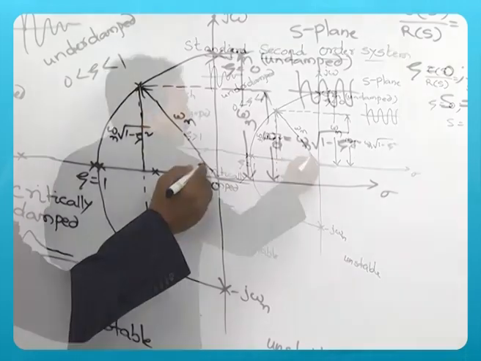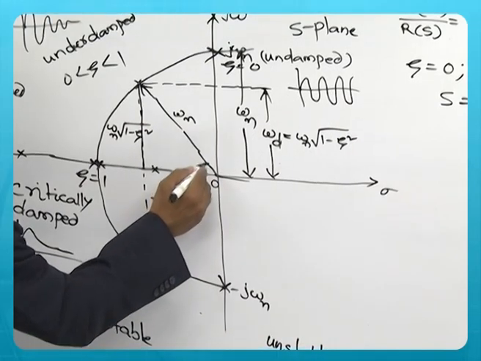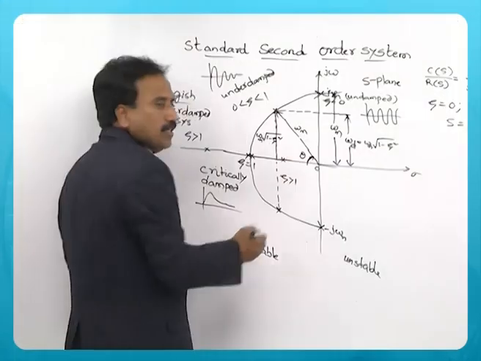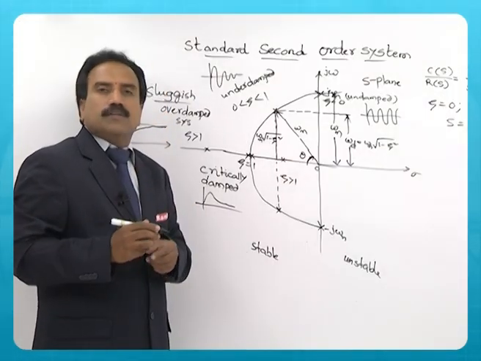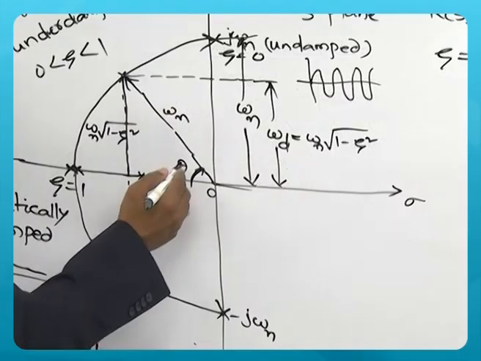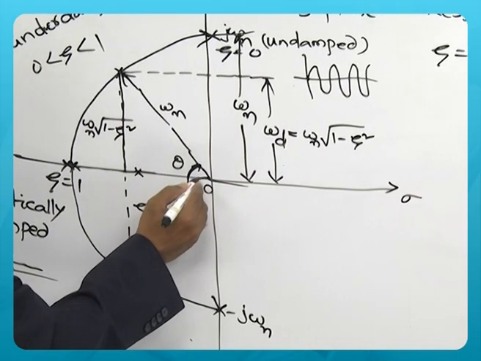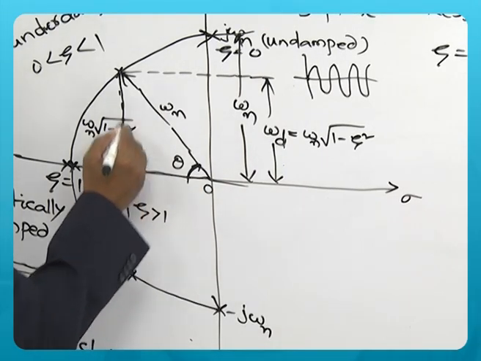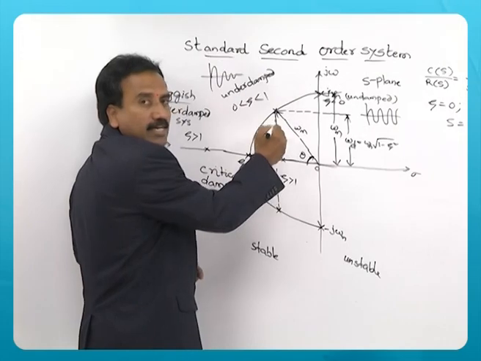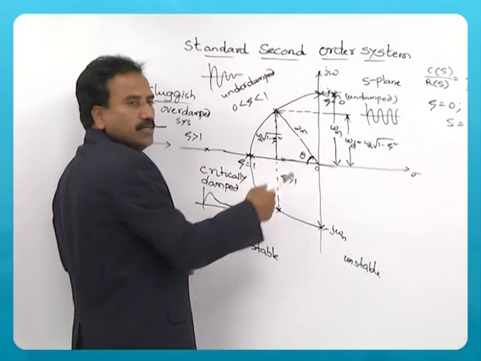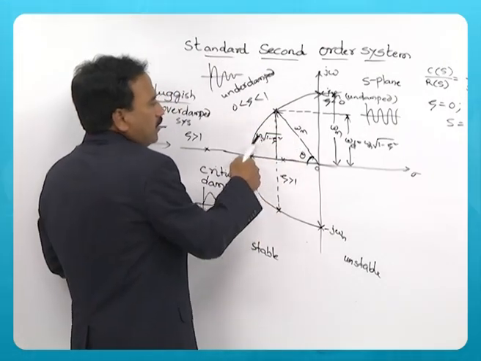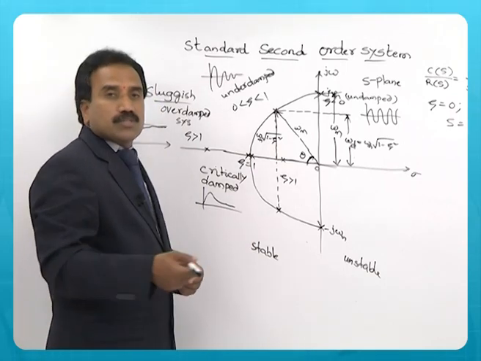Then assume that this angle from negative real axis, say this is theta, it helps us in problems. So, if this is theta, you can see that this is a right angle triangle with a hypotenuse omega n, and this is omega n under root of 1 minus zeta square.